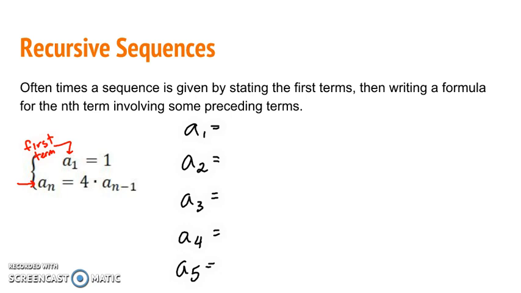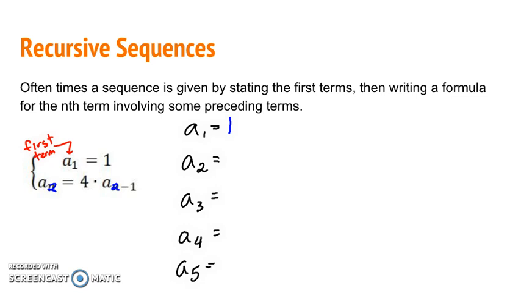Now, the nice thing is we've already got an answer for one of these. A sub 1 equals 1, and they tell you that. That's one of the terms they give you. Now, the next thing I need to do is find a sub 2. So I'm going to look at my nth term. I'm not looking for a sub n, I'm looking for a sub 2. So now it's a 2, which means I'm going to take 4 times a sub 2 minus 1.